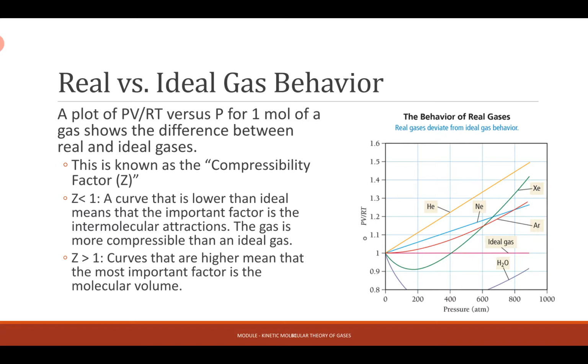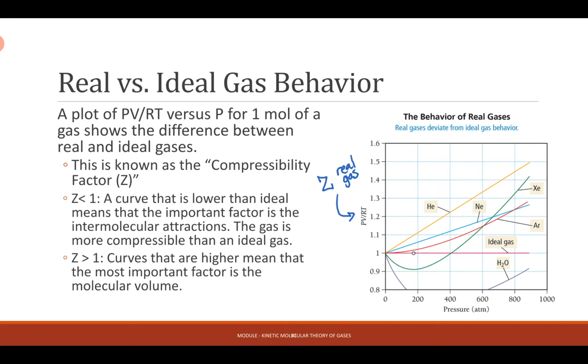We can see in this graph when we have deviations from that ideal behavior. So this is known as the compressibility factor Z. And what Z is going to do is it's going to take our PV equals nRT for our real gas and compare it to PV equals nRT for an ideal gas.